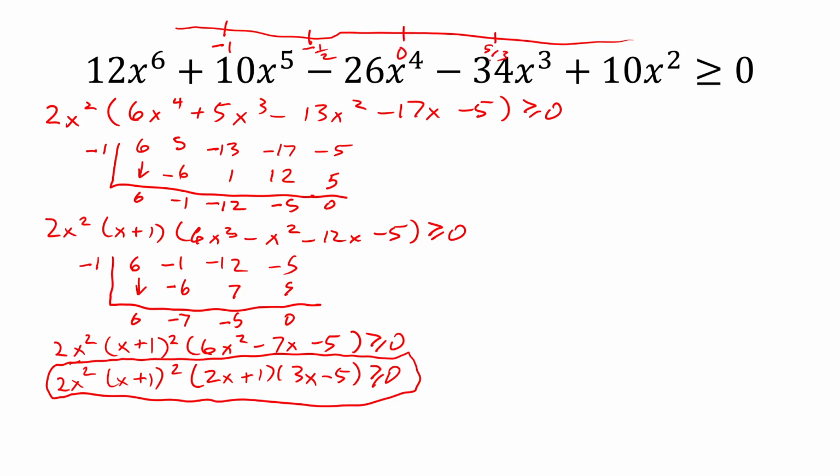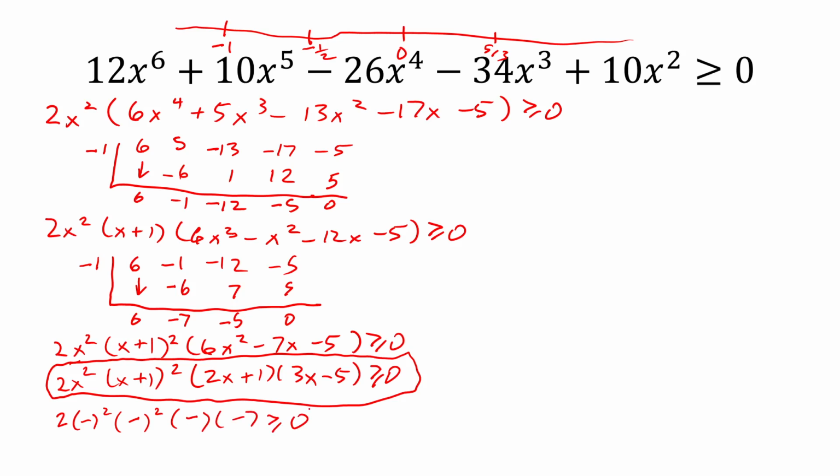Okay. Now, if I let x be a value less than -1, let's imagine I let x be a value like -2. What I would have is 2, then a negative value squared. Then x plus 1, again letting x be -2, would be negative, so that would also be squared. 2x plus 1 would be negative, and 3x minus 5 would be negative.